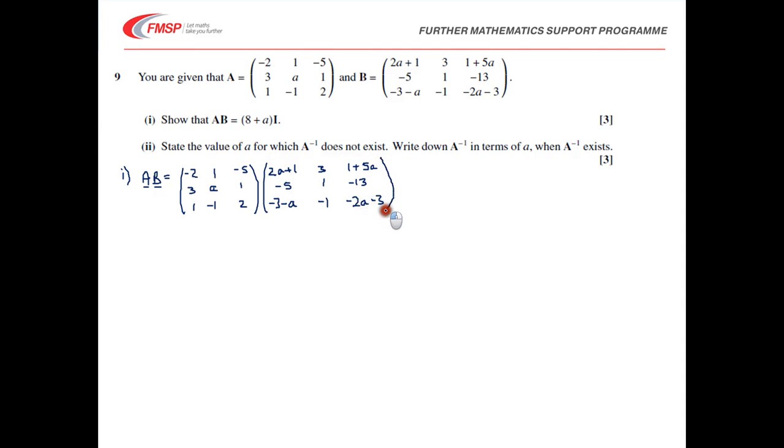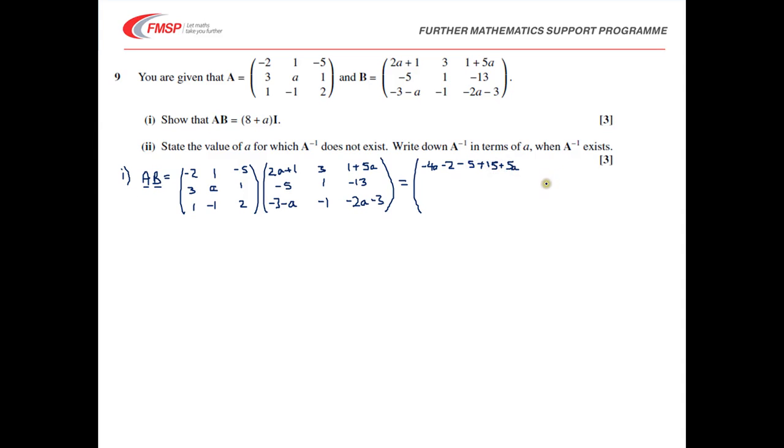So they're making quite certain that you're not going to be able to use a calculator to do this multiplication. Okay, so we get minus 4a minus 2 minus 5 plus 15 plus 5a.